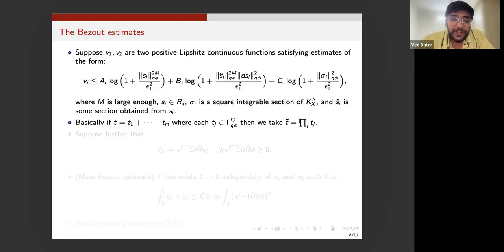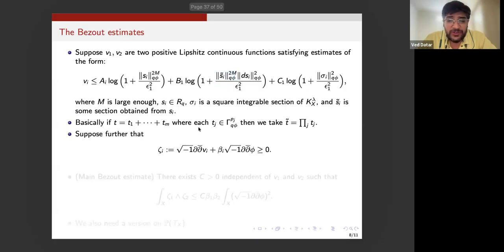Ideally one would not want any term of this sort. But happily, even if we have such a term, we are still able to use our Bezout estimates. And in order to prove the Bezout estimates, it seems like one would need a term of this sort. Right.